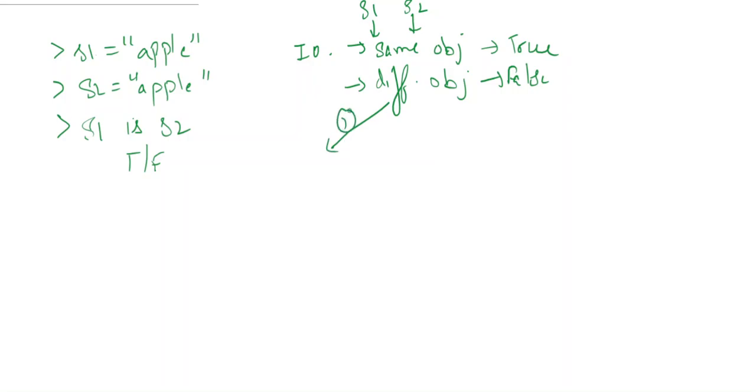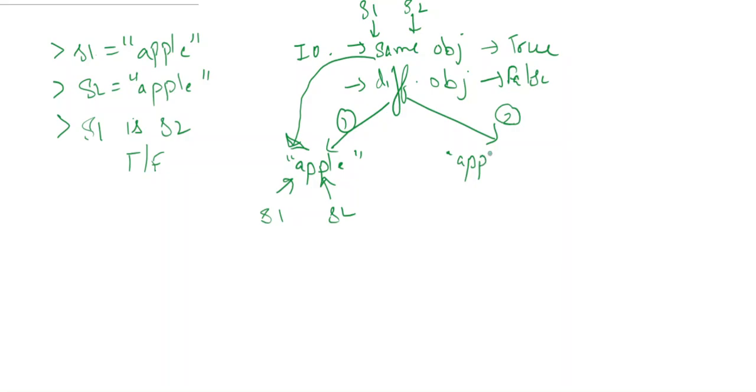Option 1 is that Python will create only one string object with the value apple, if both s1 and s2 are referring to the same object. And the second case is that Python creates two different string objects with the same value apple, and here s1 will be referring to the first object and s2 to the second object.